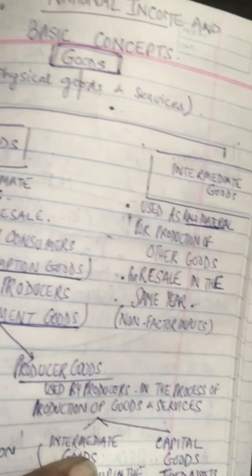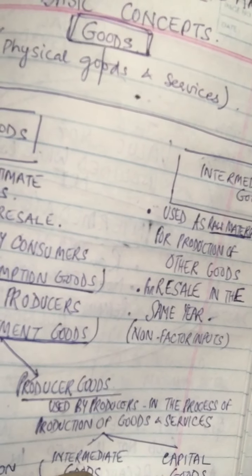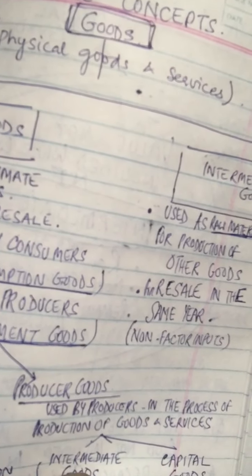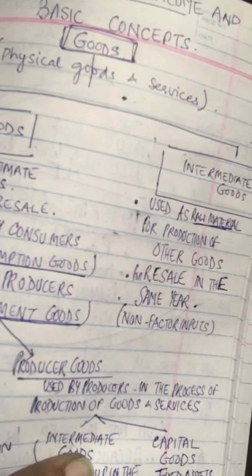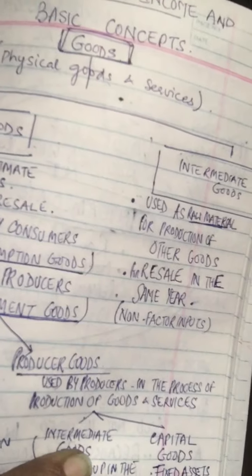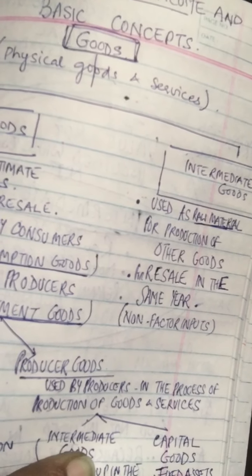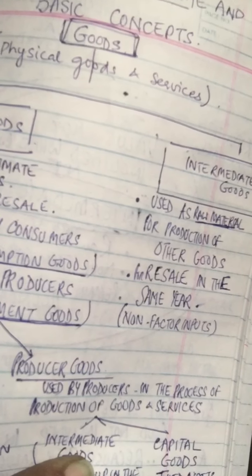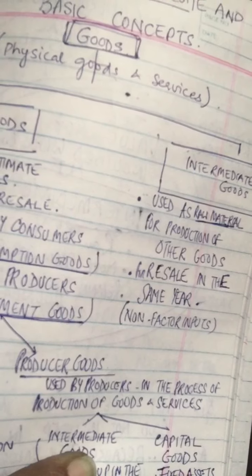And consumer goods, what are they? Talking about consumer goods, these are also final goods, but they are single-use consumer goods, durable use consumer goods, semi-durable goods, and also services. So consumer goods or consumption goods are used by the consumers for satisfying their wants.